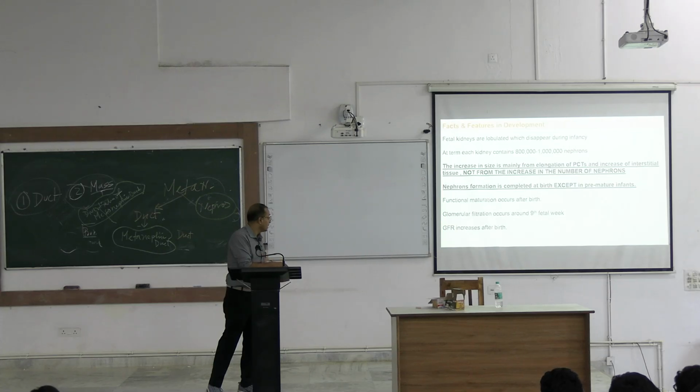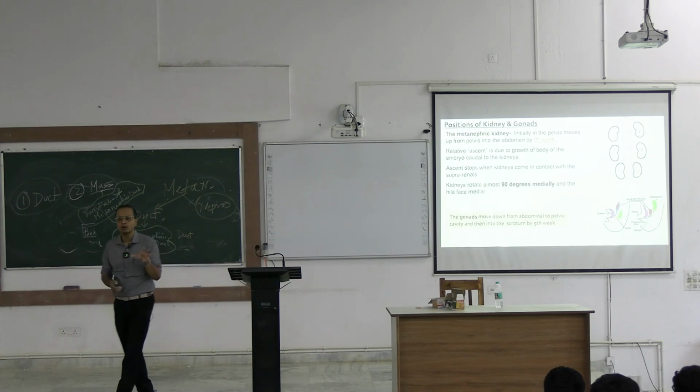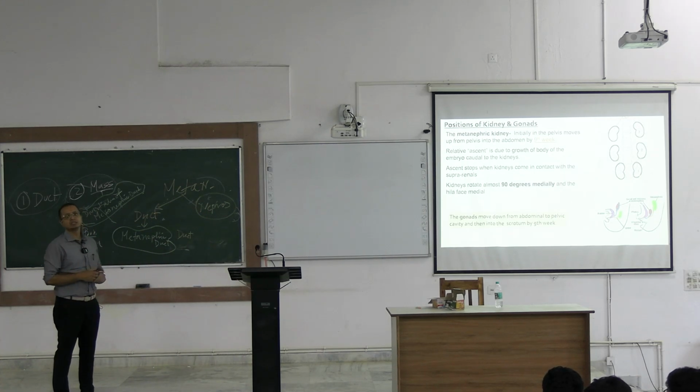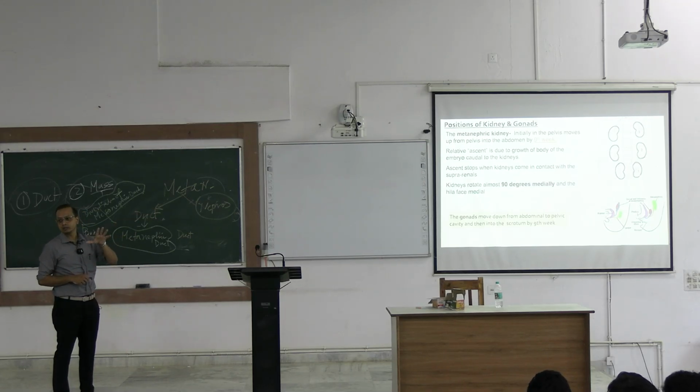Now, a related thing to keep in mind is the positioning of the kidney. The final kidney that you have learned here is having a positional change. So we have the three kidneys developing from the cervical segment to lumbar to the sacral segment. This final version we call the metanephric kidney. This metanephric kidney is formed at the sacral region, and in the adult we see that it is lying just under the diaphragm.